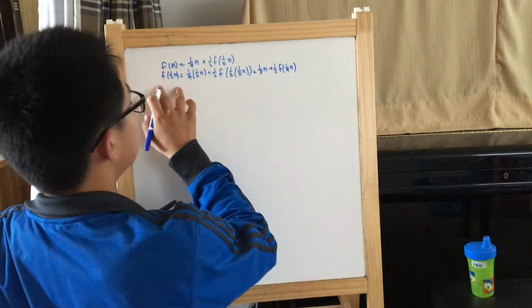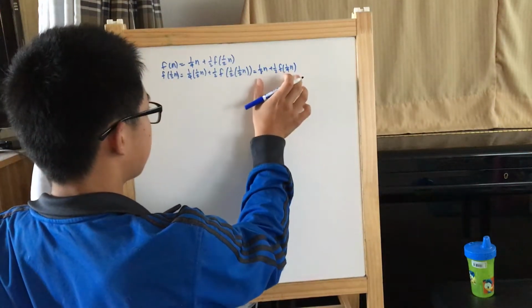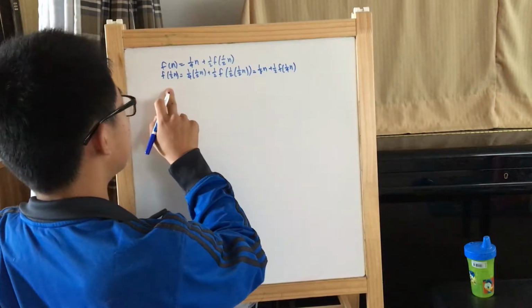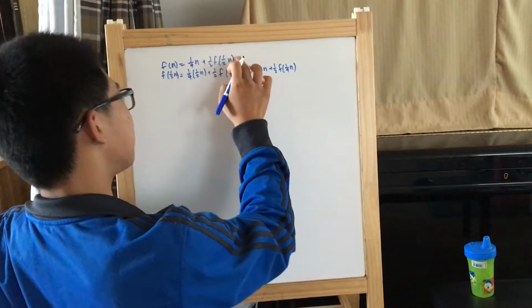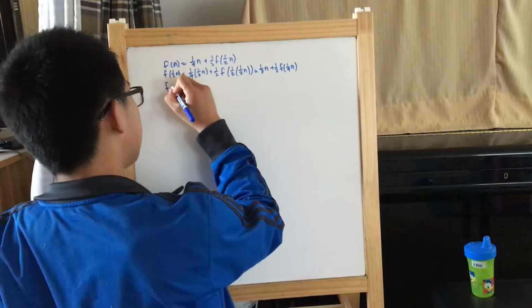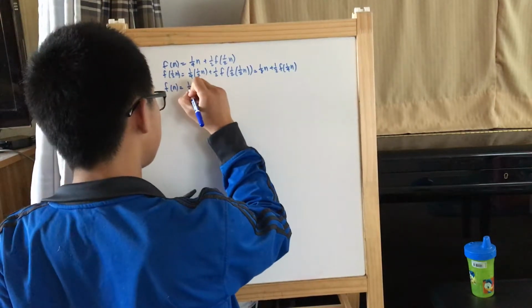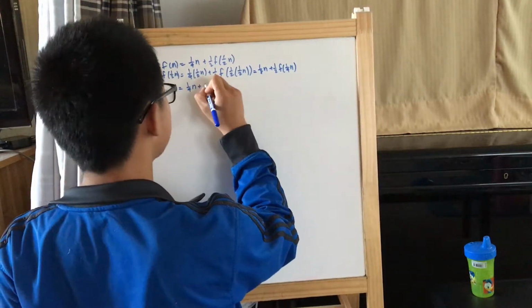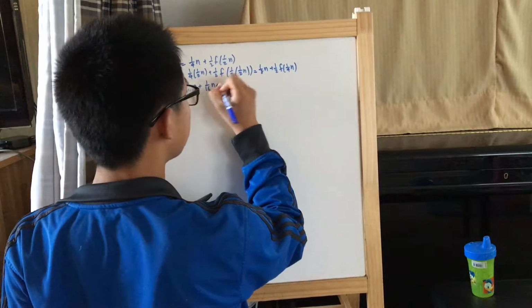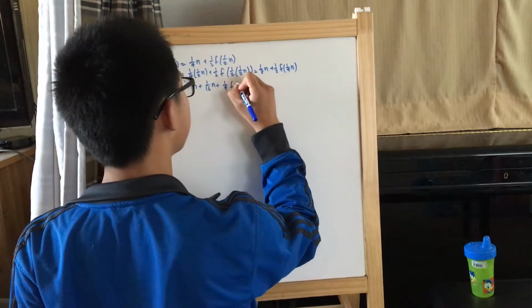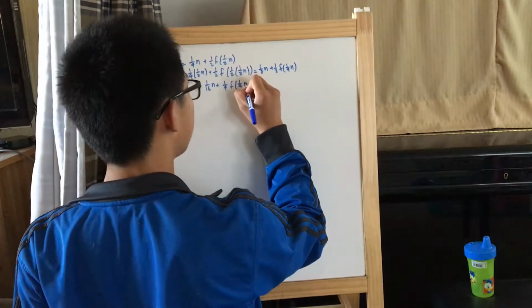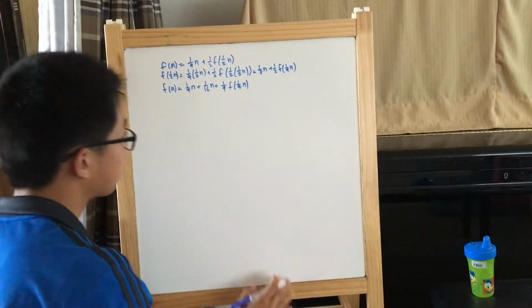So now you can substitute this expression for f of 1/2 n into here. So we would get f of n equals 1/4 n plus 1/16 n plus 1/4 f of 1/4 n after simplification.